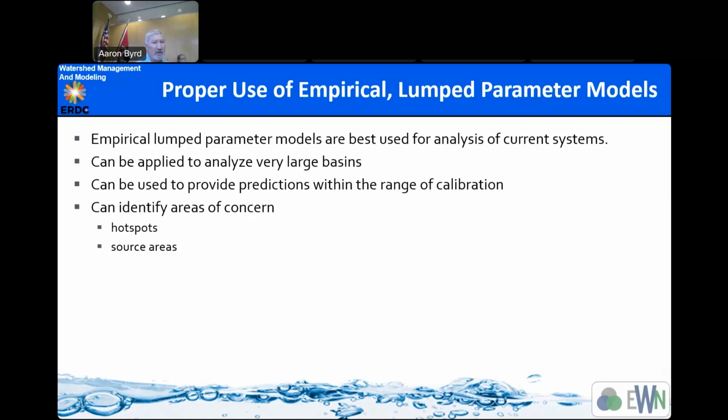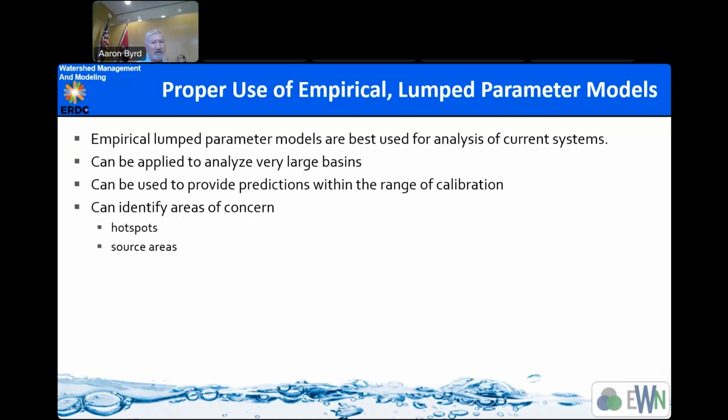The nice thing about it is it can be applied to very large basins. Say I want to model the Mississippi River or the Amazon River basin, thousands and thousands of square miles. I can do it with that type of approach, and I can do it pretty easily, actually. And they can provide predictions within the range of calibration.